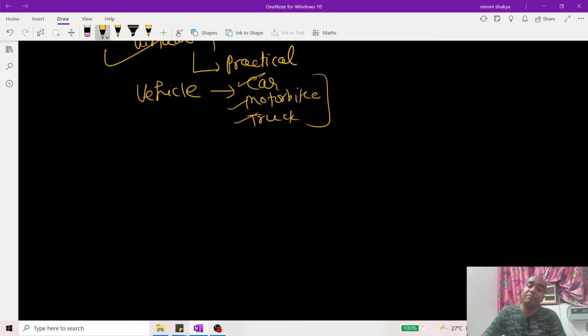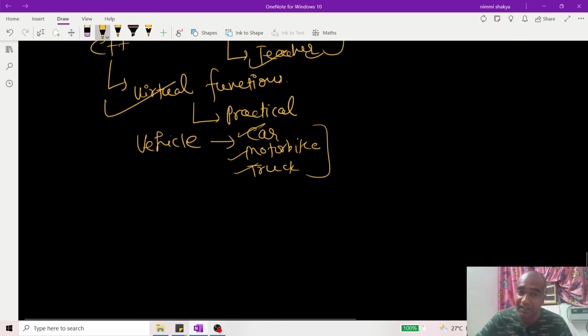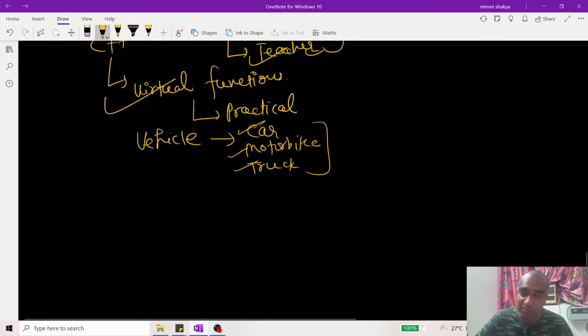So a vehicle can be considered in many forms: in the form of a car, a four-wheeler, in the form of a two-wheeler, in the form of a truck which has more wheels, right? So wherever you can consider one thing in many forms, there is the concept of polymorphism. How we will implement it, we will see in the coming videos when we move ahead with the concepts related to the C++ programming language.